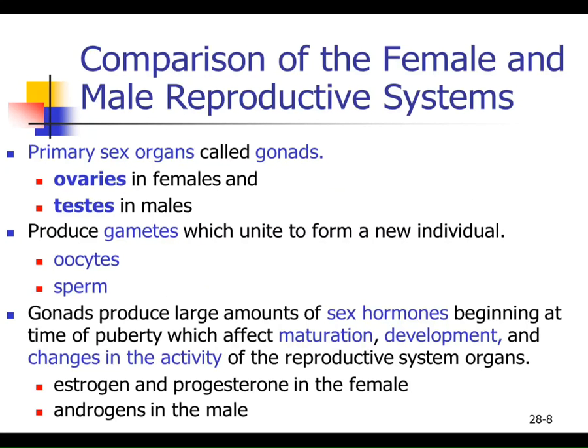So egg, ovum, ova, plural, or just oocytes. And remember that these gonads are both exocrine and endocrine. Right? They're both producing hormones, so they're endocrine, and they're both producing something, egg or sperm, which is released from the body. So that makes them exocrine as well.